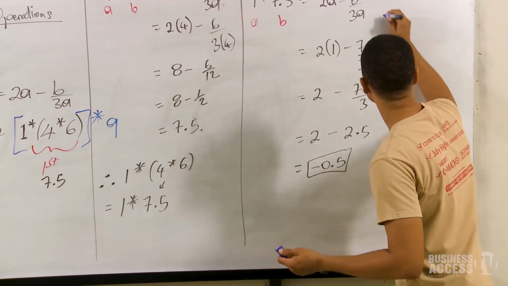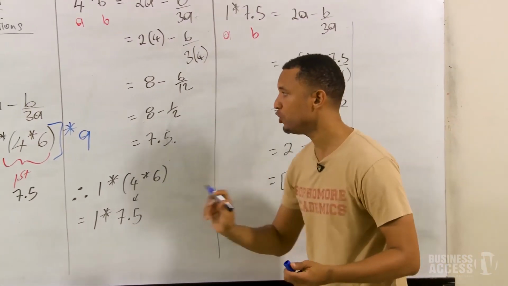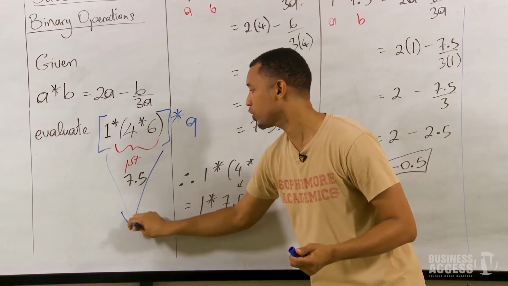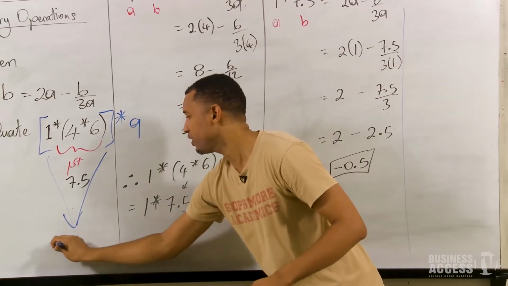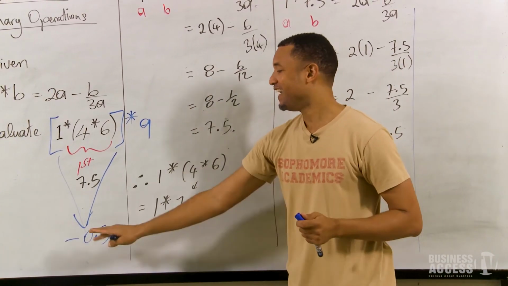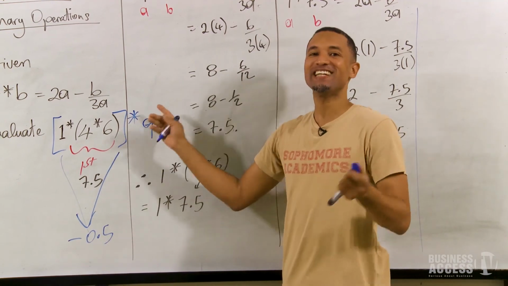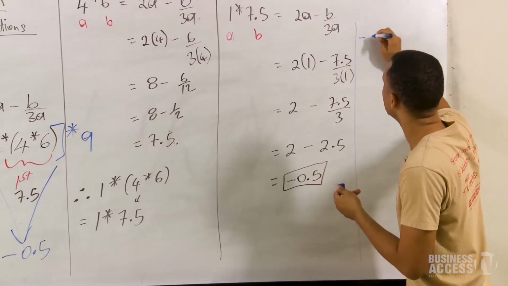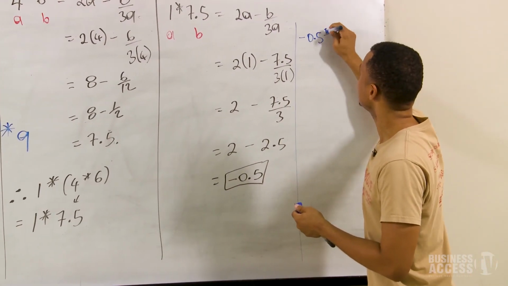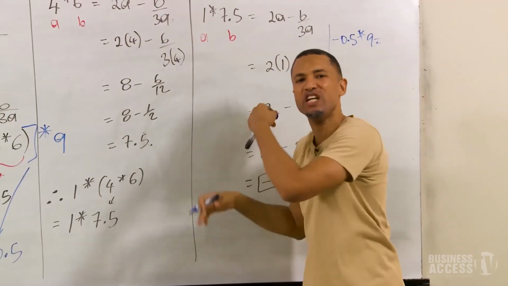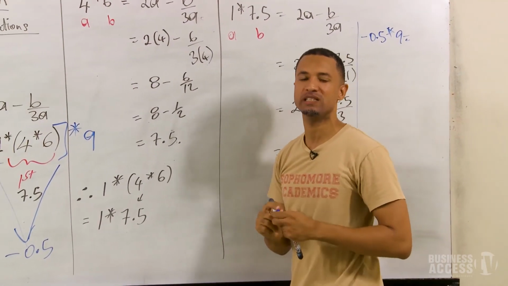We already know what all of this worked out to be: negative 0.5. So now you would have negative 0.5 asterisk 9. And you just repeat the process. You look at the definition and you repeat the process, ladies and gents.